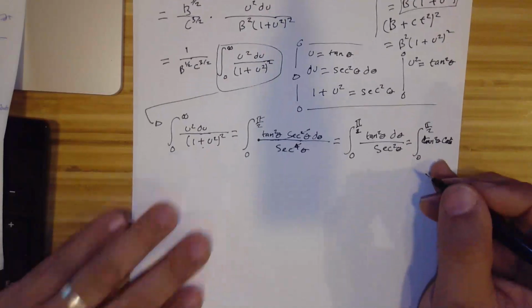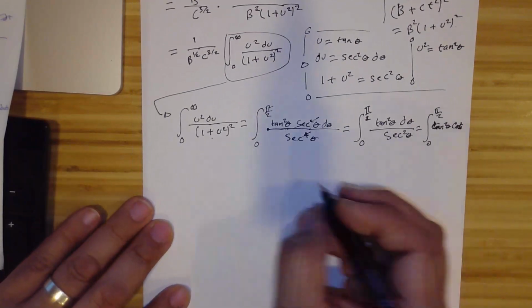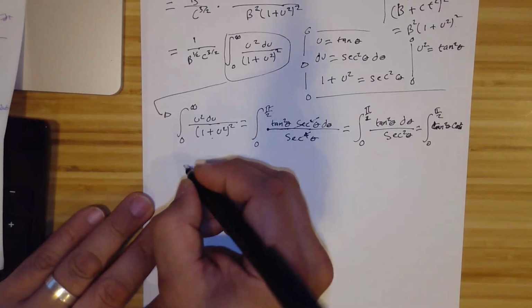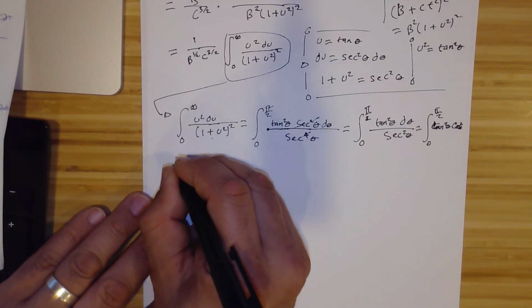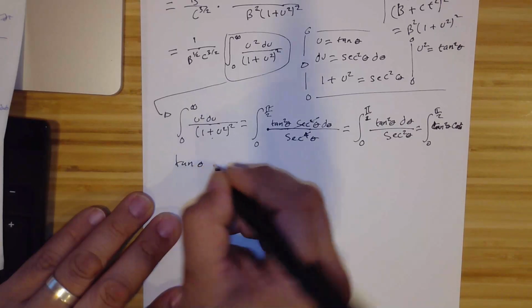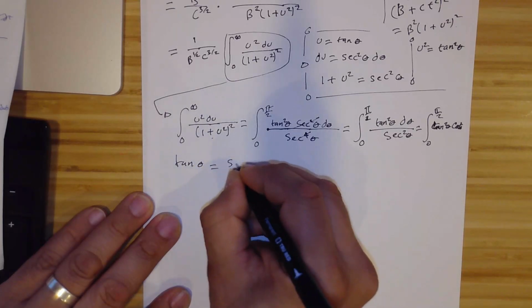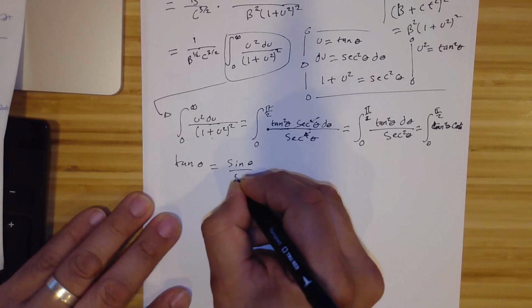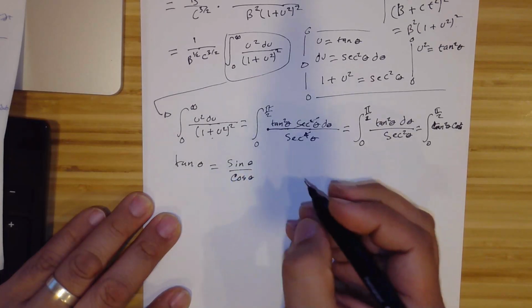Okay, let's write it better. Tangent is sine over cosine, right?